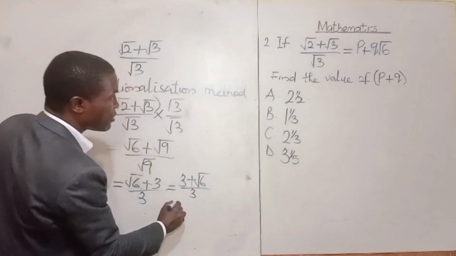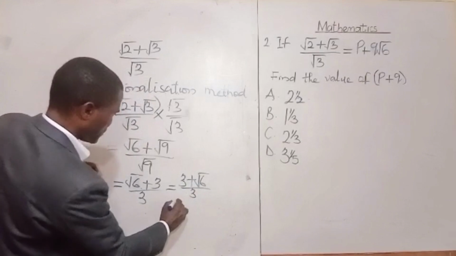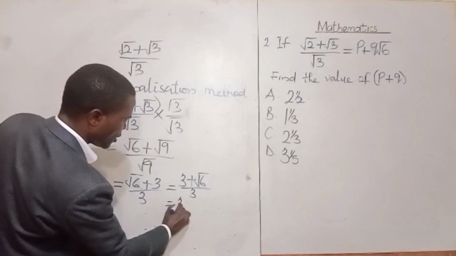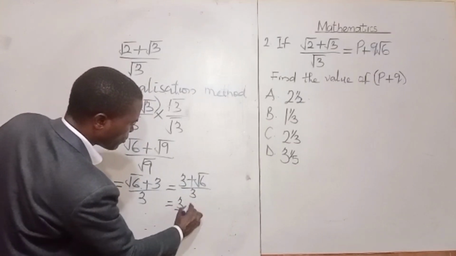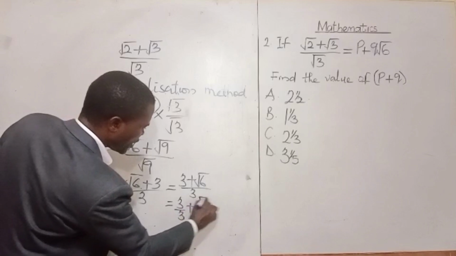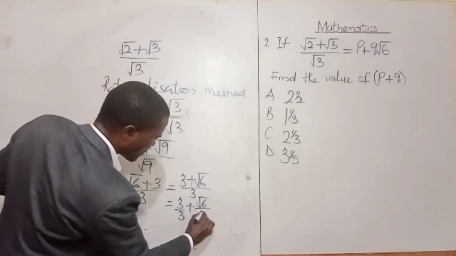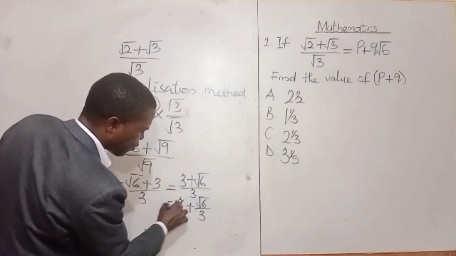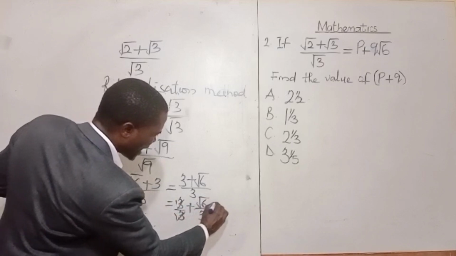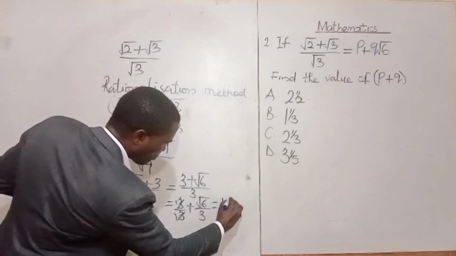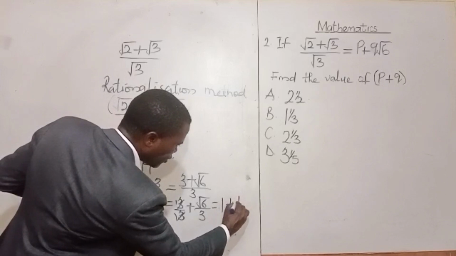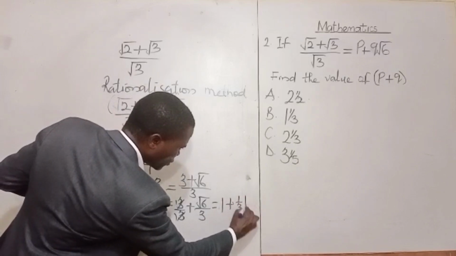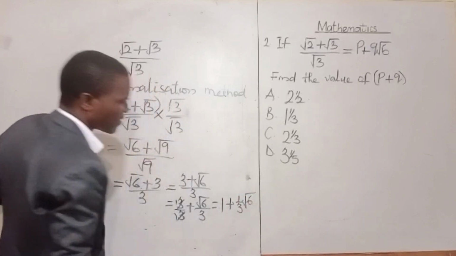That means this one now can be represented as 3 all over 3 plus root 6 all over 3. When this one cancels this one, you have 1. So in the final analysis, you have 1 plus 1/3 root 6.